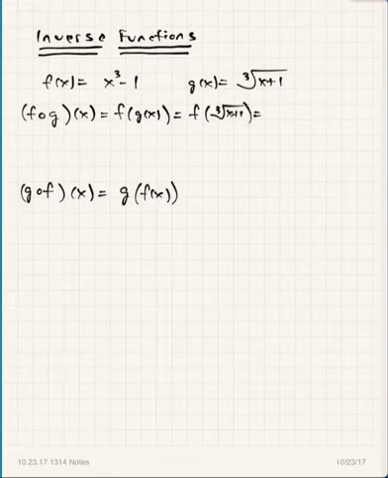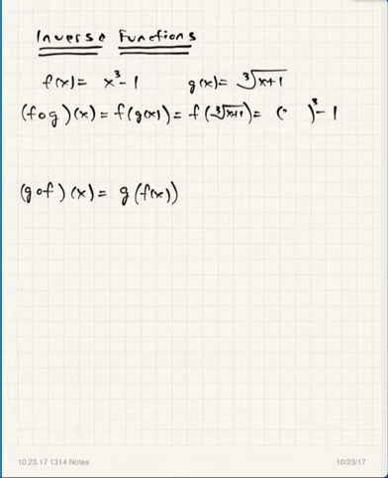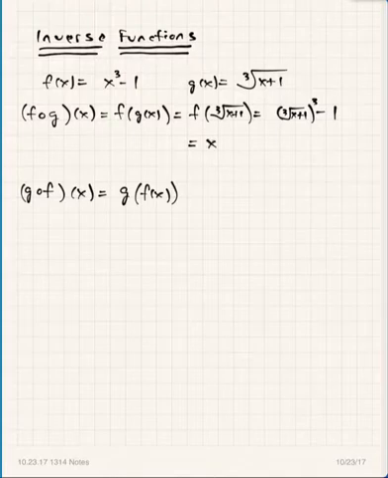That says go to the function f, and every place you see an x, I'm going to drop in the cube root of x plus 1. And so you get the cube root of x plus 1, cubed, which is just x plus 1 minus 1, and that gives you x.